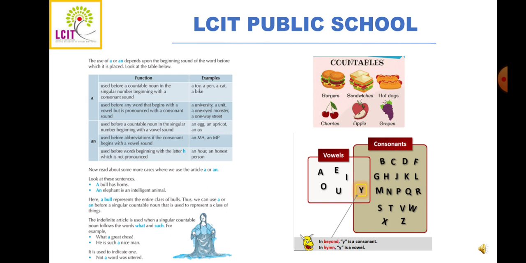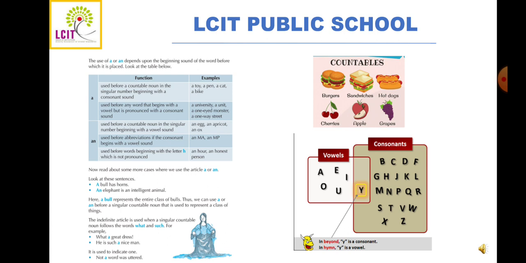When are indefinite articles used? They are used before a countable noun. A is used before any word that begins with a vowel but is pronounced with a consonant sound.